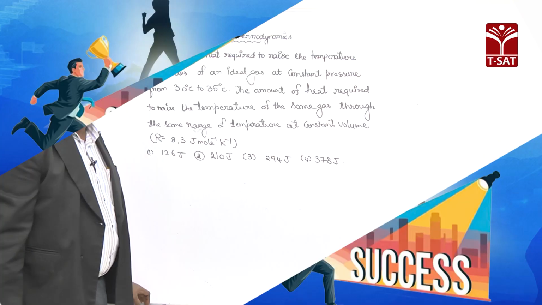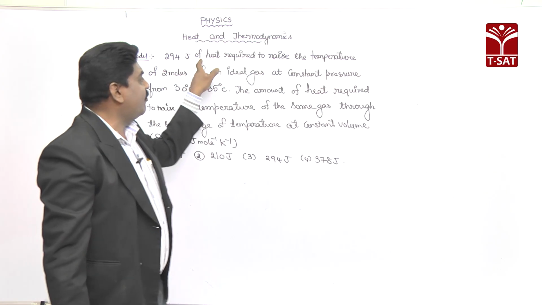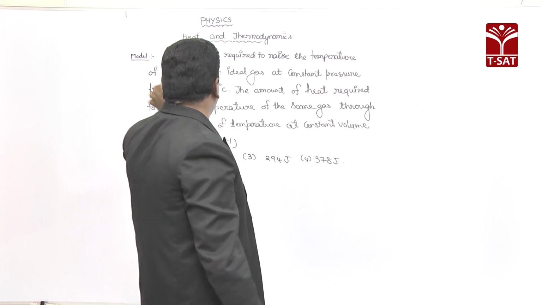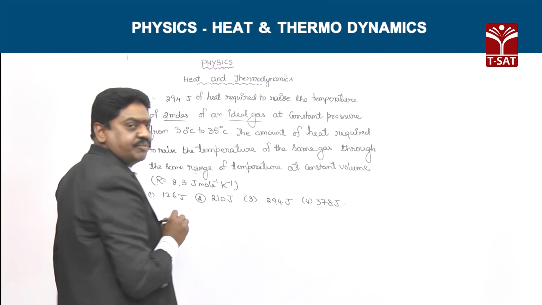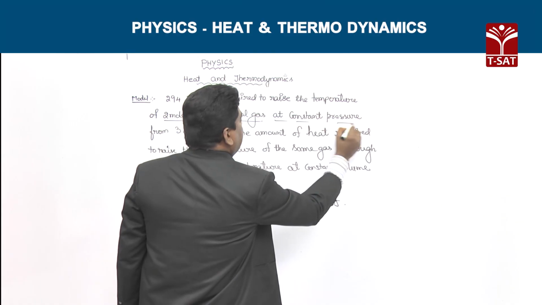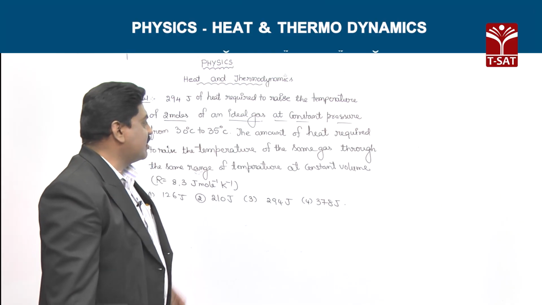Now, let us see another model here. 294 joules of heat is required to raise the temperature of 2 moles of an ideal gas at constant pressure from 30 degrees Celsius to 35 degrees Celsius.